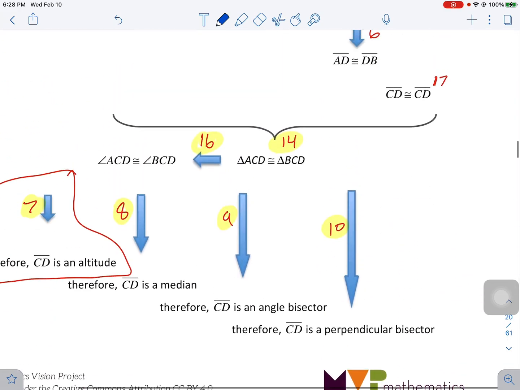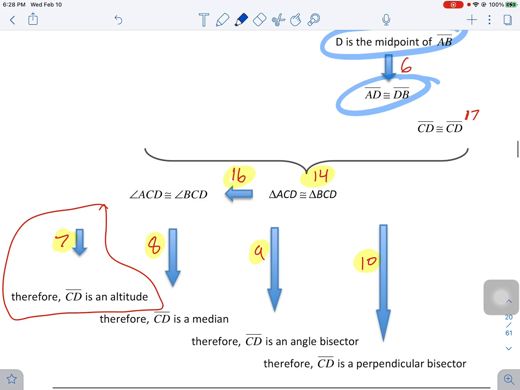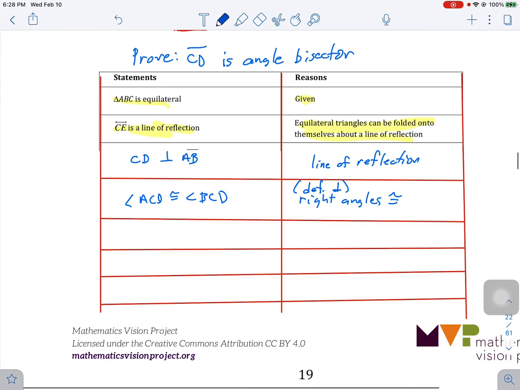The other thing that's useful here is we can say, because D is the midpoint of AB, because it's a line of reflection, we can say that AD is congruent to BD, and that's because of the definition of a midpoint.